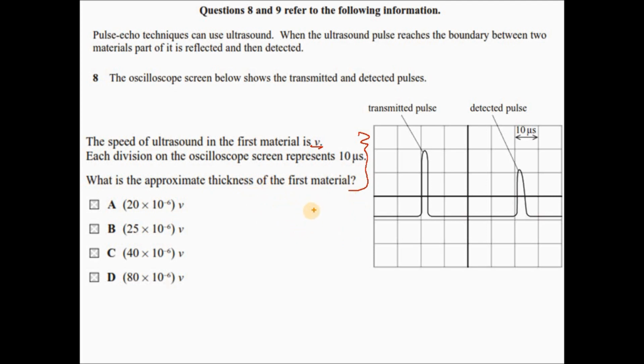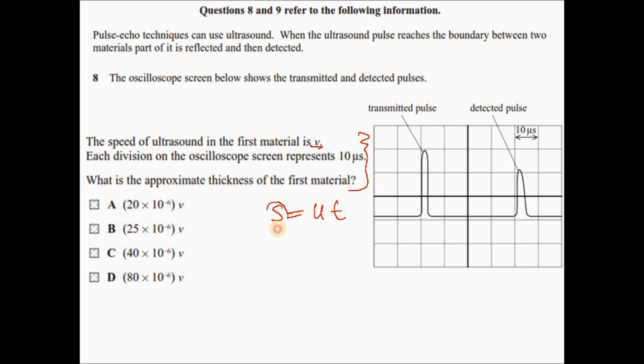In pulse echo technique, we use the formula s equals ut. u is the speed of the wave or pulse, t is the time difference between sending and returning, and s is the distance covered. Again, be careful in pulse and echo technique.